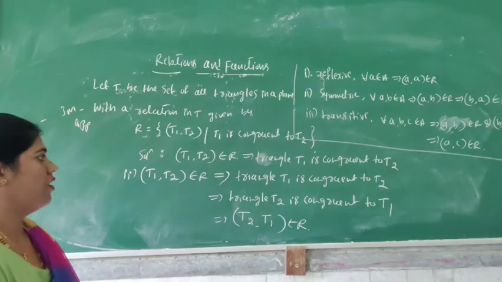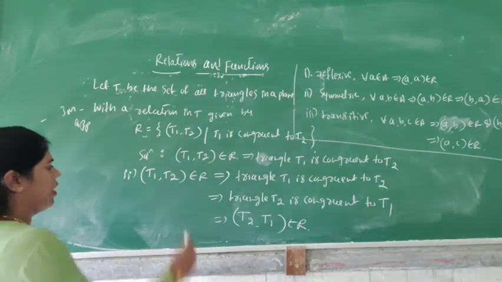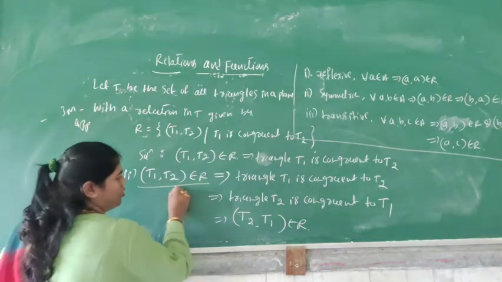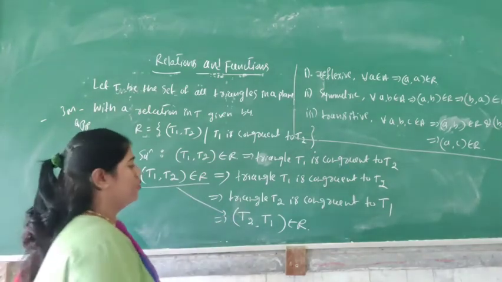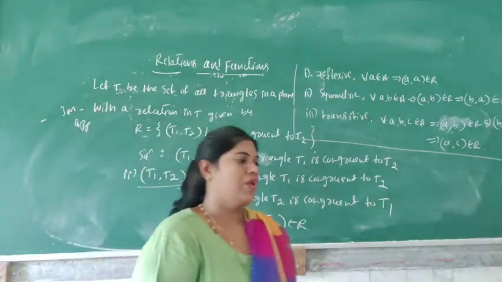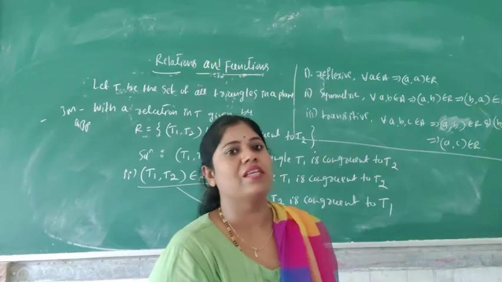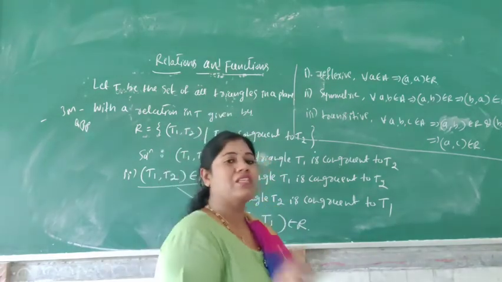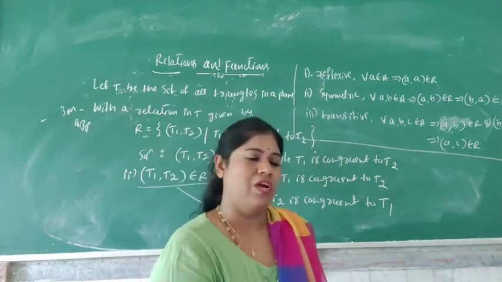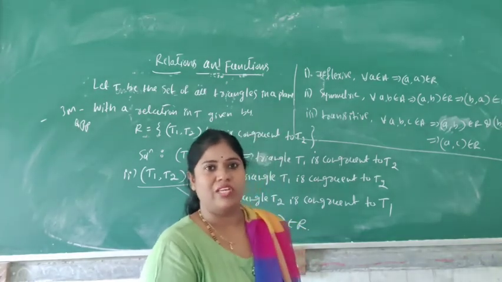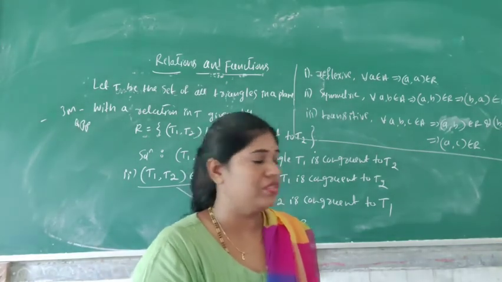If (T1, T2) belongs to R, implies (T2, T1) also belongs to R. Hence it is symmetric. The triangle T1 is congruent to T2, also the triangle T2 is congruent to T1.